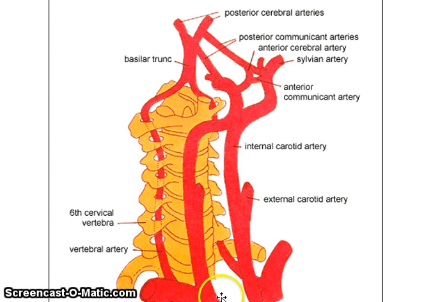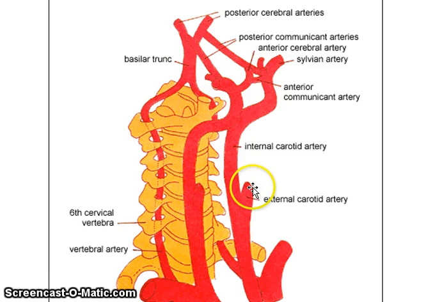So here at the bottom we've got the brachiocephalic, and it bifurcates into the right subclavian and the right common carotid, and then you've got the left common carotid, which comes directly off the aortic arch, and then the left subclavian here. At about C4 is when the common carotid bifurcates into internal, which goes on up to the brain, and external carotid artery.